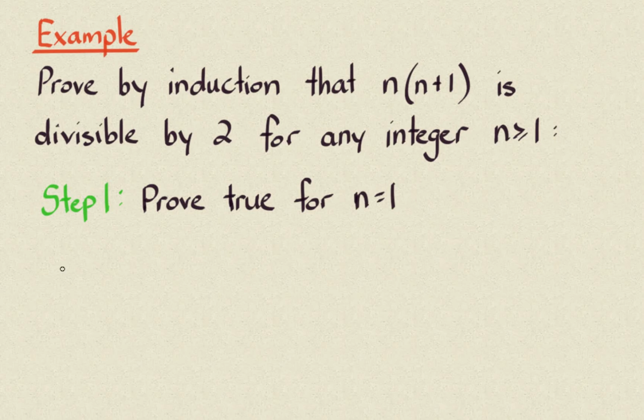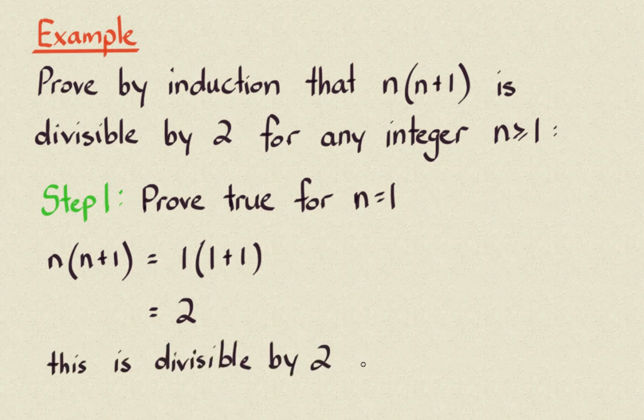So let's start with substituting in 1 in place of n. When we do this, we see that we get 1 times 2, which is 2. Now, since 2 is divisible by 2, we can say that it is therefore true for n equals 1.